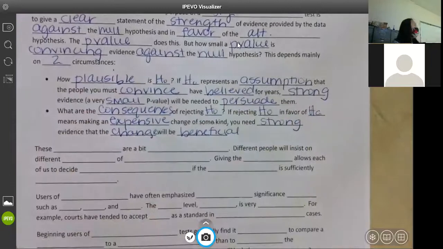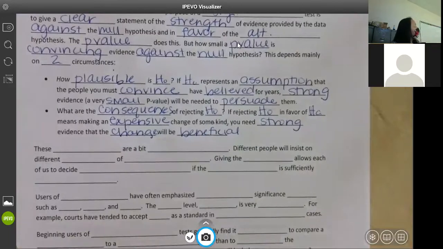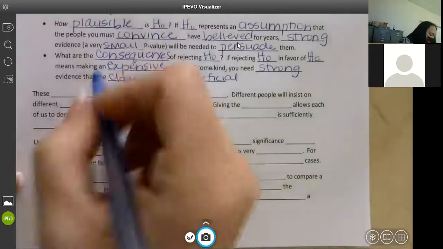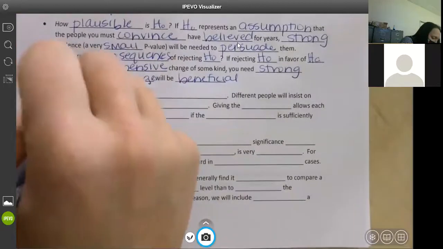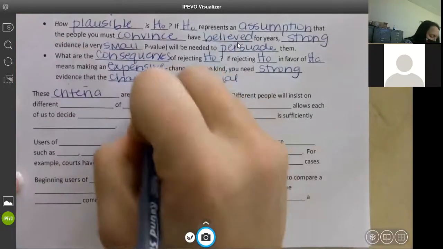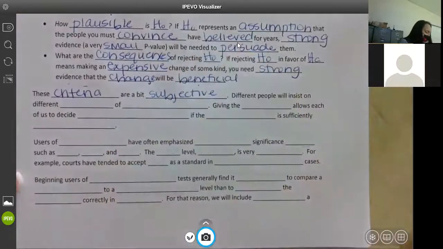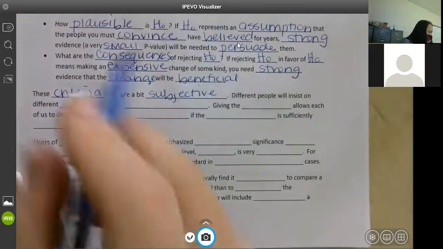So in the case of the batteries, it costs more to produce them, so companies are not going to want to produce them because they're spending more money. So they'd have to have really good convincing evidence to show that more people would buy their product. Okay. So these criteria are a bit subjective. Different people will insist on different levels of significance.